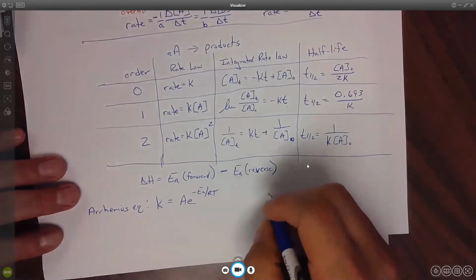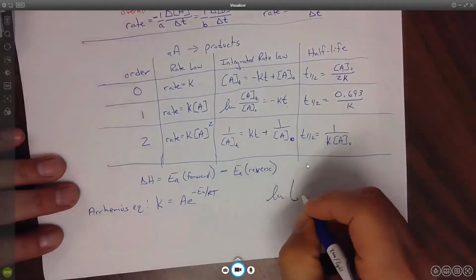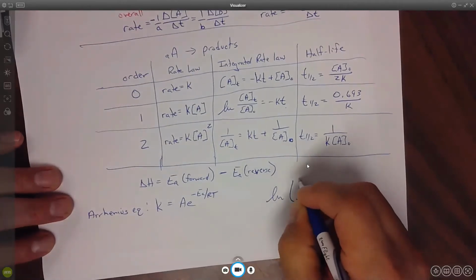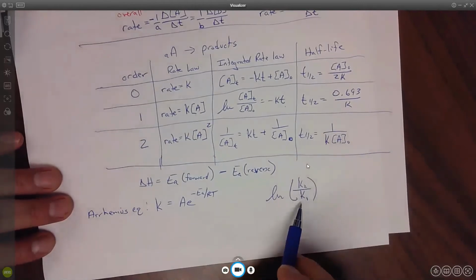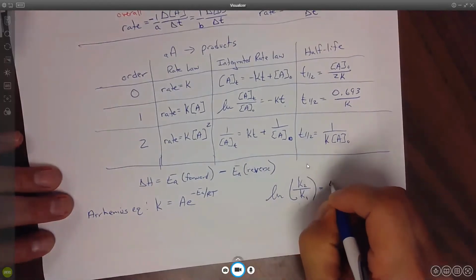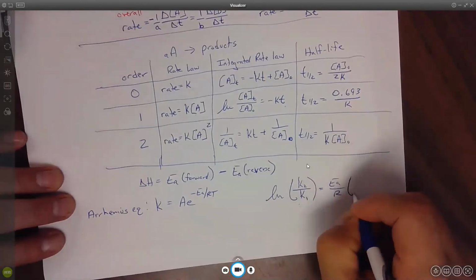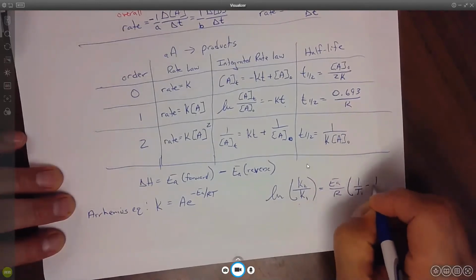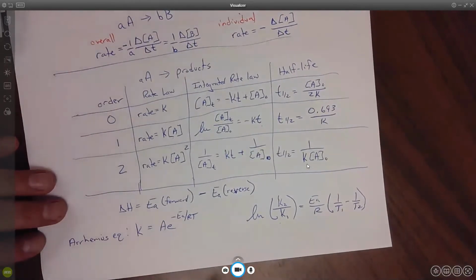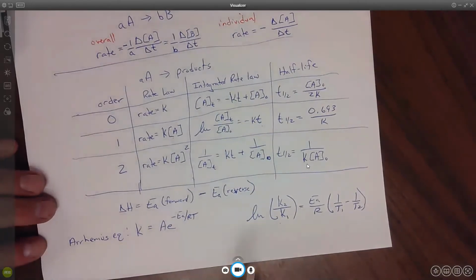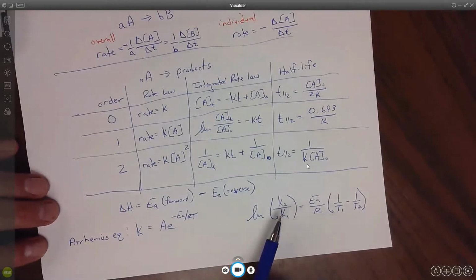That modified Arrhenius equation simply says the ln of K2, so this is the rate constant at one temperature, this would be a rate constant at another temperature, is going to be equal to EA over R times 1 over T1 minus 1 over T2. You'll notice that it looks very, very similar to the Clausius-Clapeyron equation, where we were able to relate vapor pressures at different temperatures. But this is the Arrhenius equation. It's relating rate constants at different temperatures.